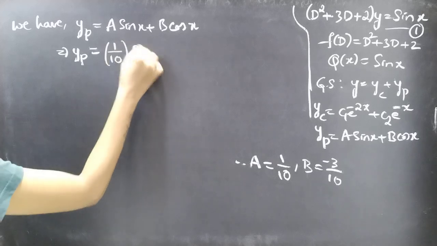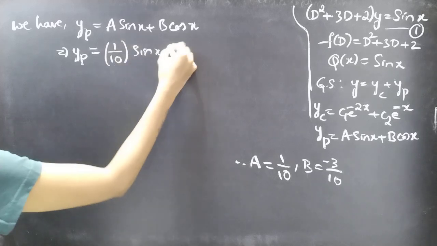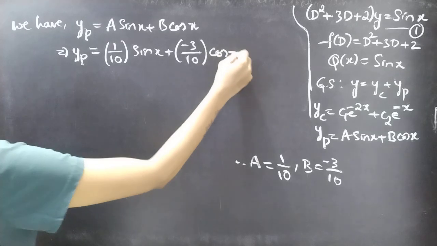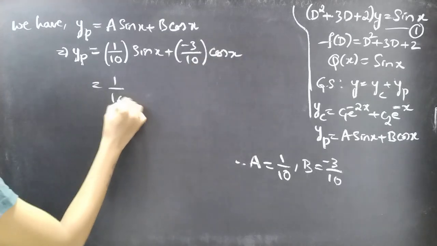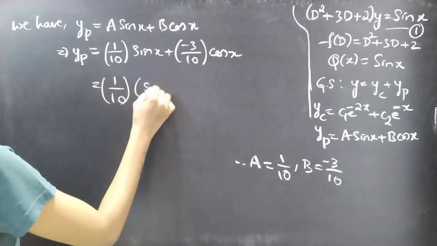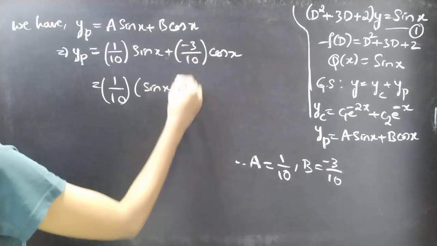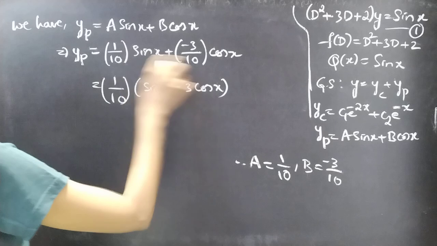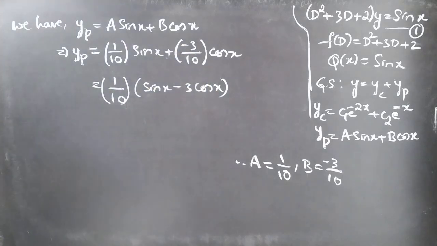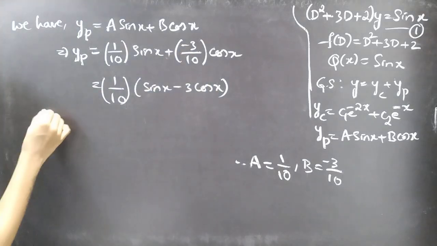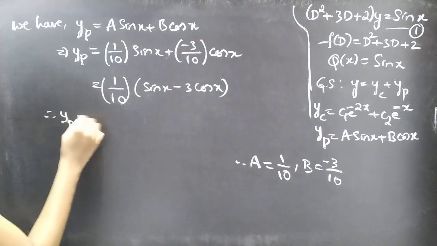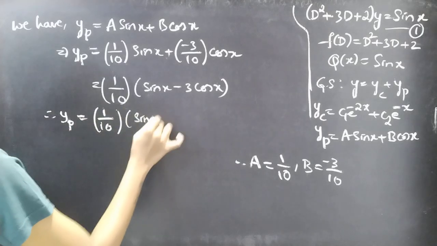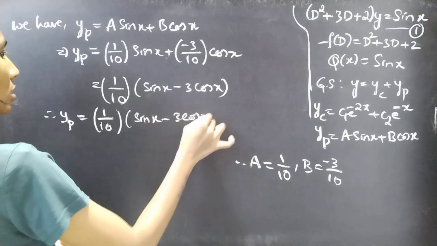We'll get 1 by 10 into sin x plus minus 3 by 10 into cos x, or we can write this as 1 by 10 into sin x plus into minus 3 cos x. Just take 1 by 10 common from these two terms. Okay, so therefore yp equal to 1 by 10 times sin x minus 3 cos x.